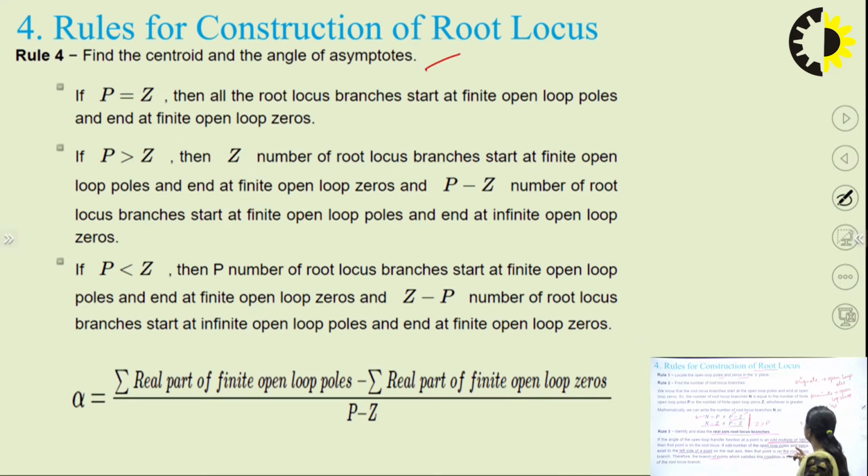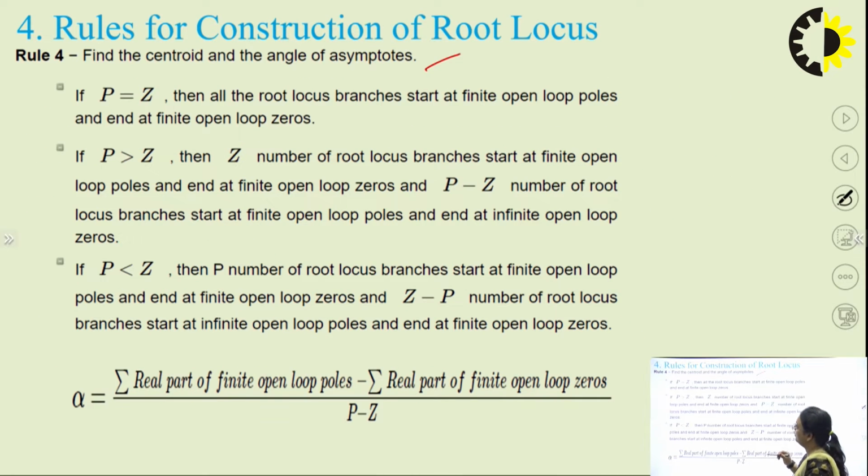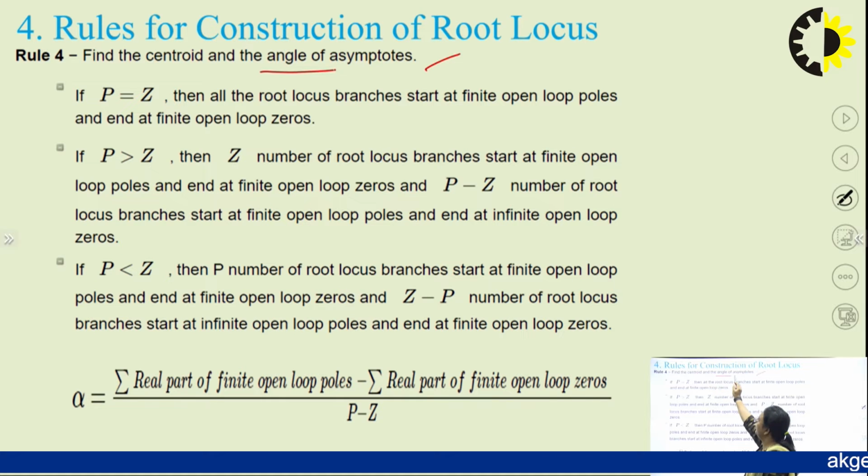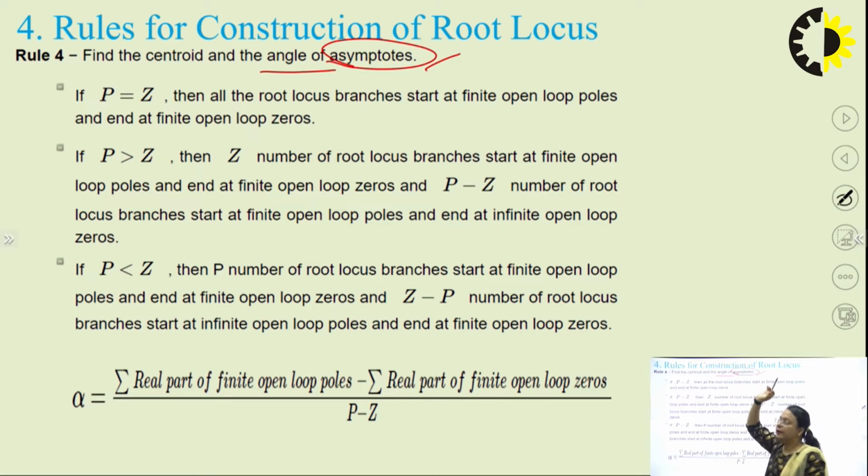Now the fourth point is we have to find the centroid as well as the angle of asymptotes. These asymptotes are the guidelines for the branches of the root locus. They guide the branches in which direction they have to move. Asymptotes can be plotted from a point known as the centroid.